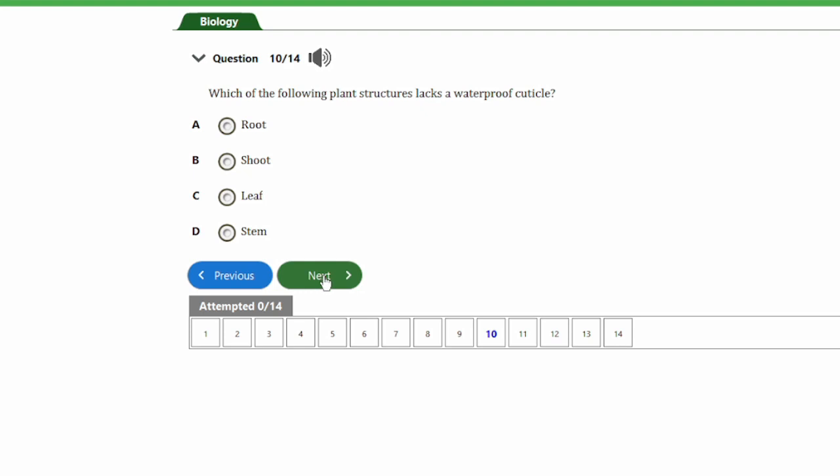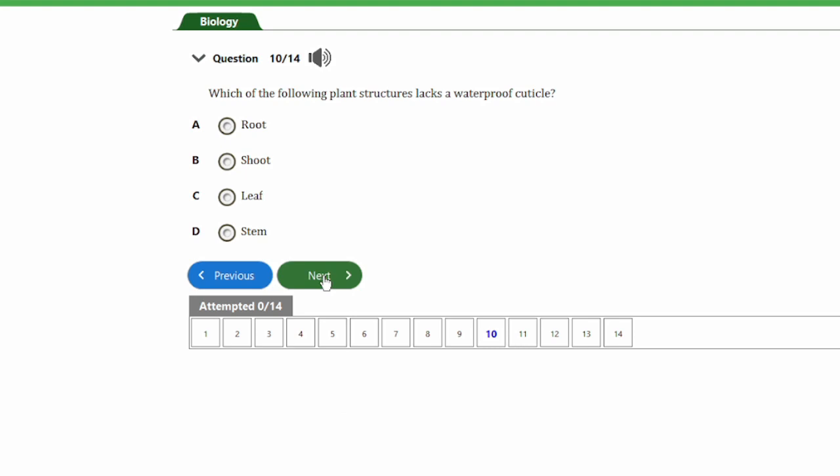That's question number 10. It says, which of the following plant structures lacks a waterproof cuticle? A is root, B shoot, C leaf, D stem. So guys, the answer to this question is option A, and that's the root. The root of a plant actually lacks a waterproof cuticle.